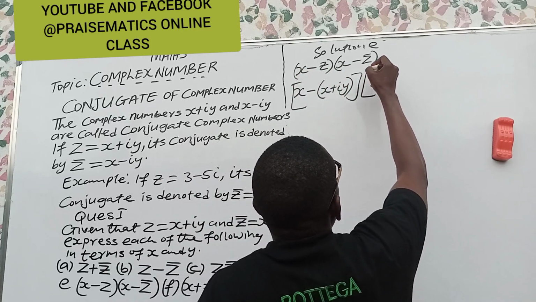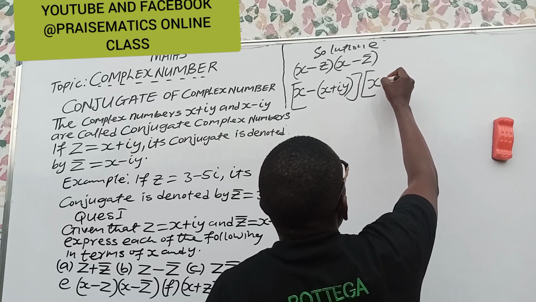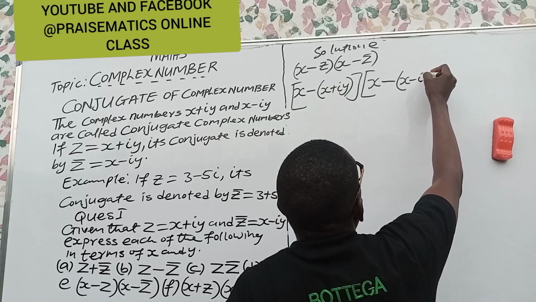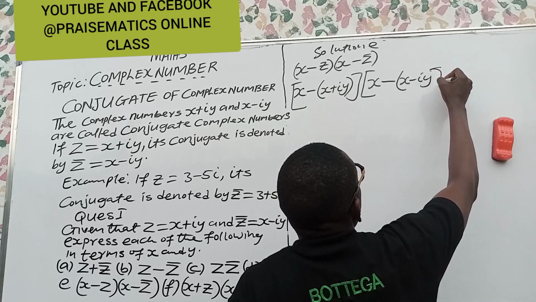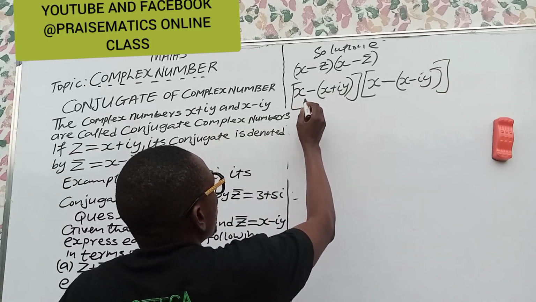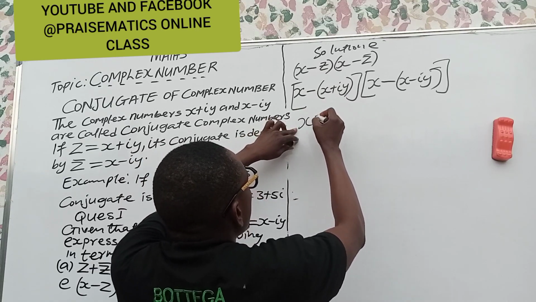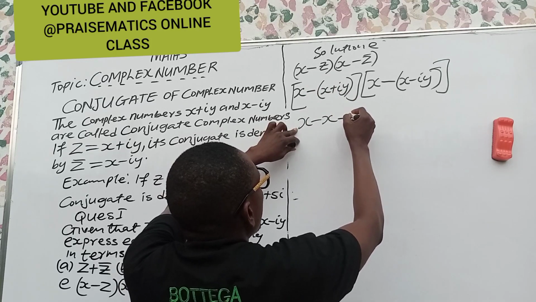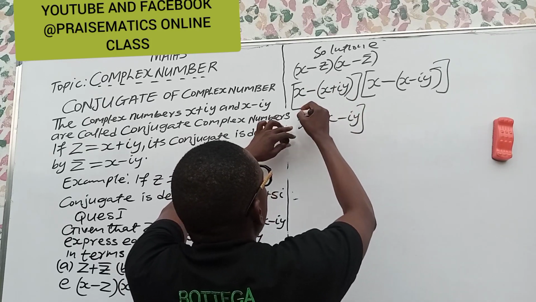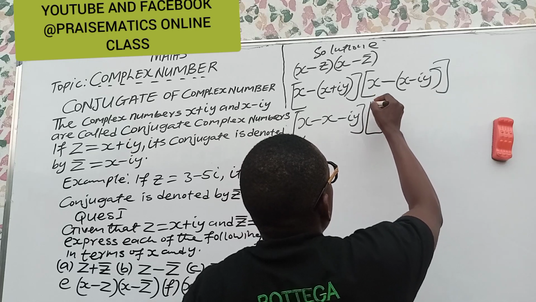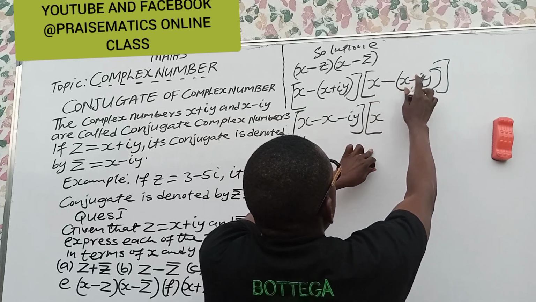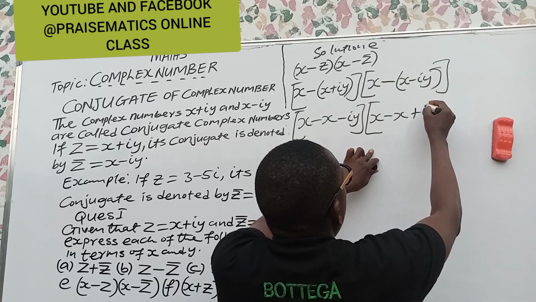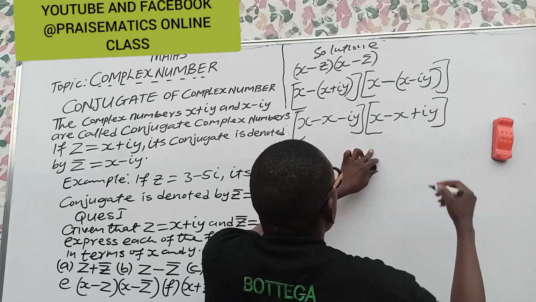Now, into also x minus iy. Now let's go. x minus x, minus times this will give us minus iy, close the bracket, into x minus x, this plus iy, close it.